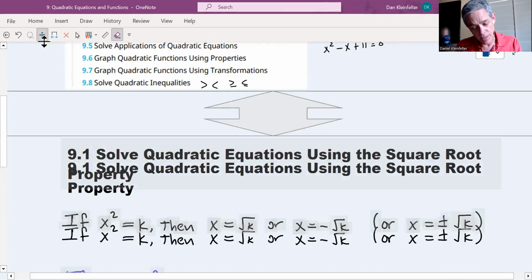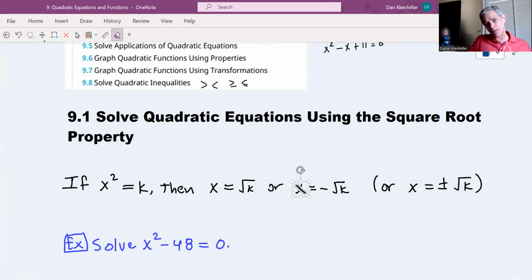So the first thing to do is to take a look at just what the square root property says, and then we'll apply it to help us solve certain equations. So here's the square root property. It reads like this. If x squared is equal to k, here k is a number in all likelihood, then x is equal to the square root of k, or x is equal to the opposite of the square root of k. Sometimes we'll abbreviate this by saying x is equal to plus or minus the square root of k.